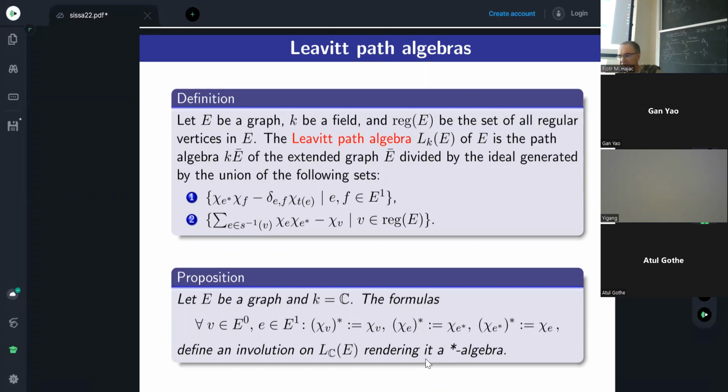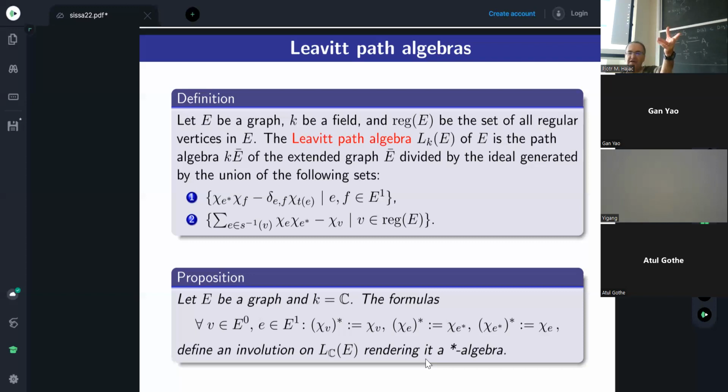If you go to the definition of a path algebra, you can also define it as an algebra given by generators and relations, with generators being paths of length 0 and length 1. Why? Because any other path can be obtained by multiplication, by concatenation. So these are algebraic generators. And then you have very simple relations also given by concatenation.